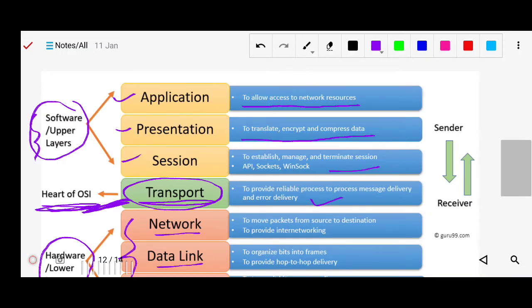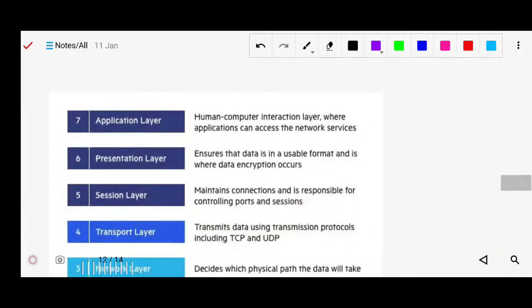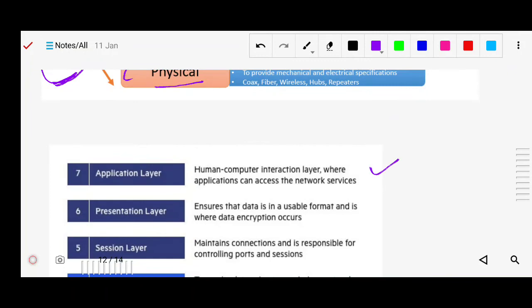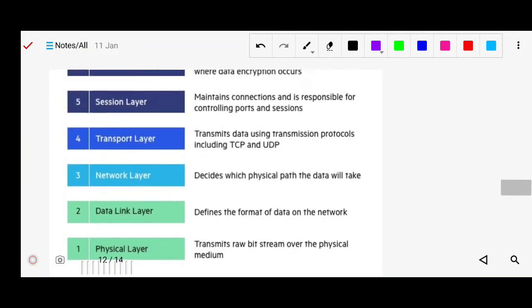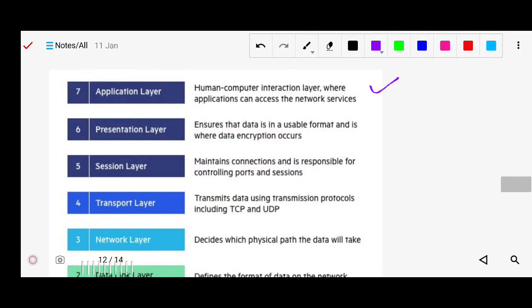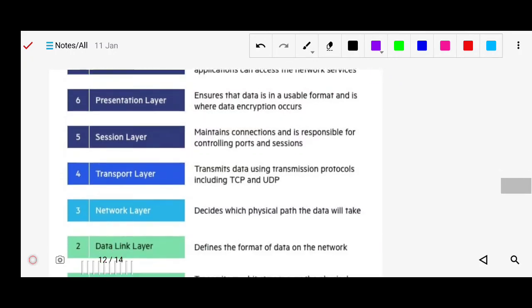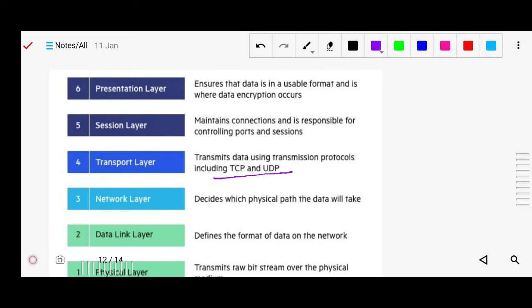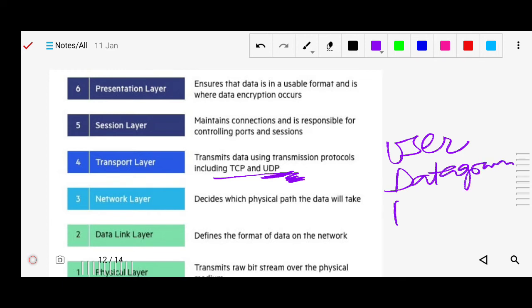You can see some explanation is also given here, so you can take a screenshot of it all: how each of these layers works and what the functions of these layers are. As I told you, TCP and UDP work here. UDP is User Datagram Protocol.